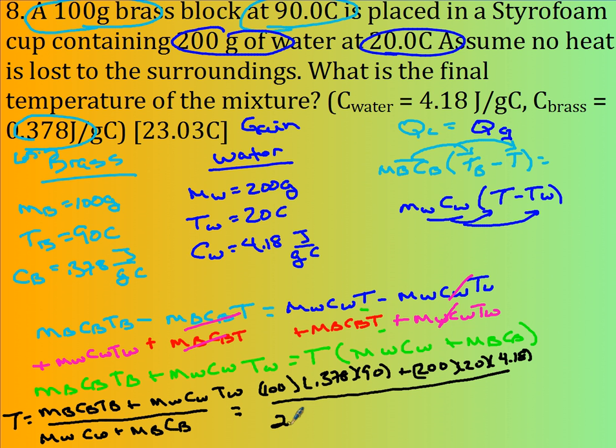This is 200 times 4.18. I need parentheses there. Plus mass of brass, which is 100, times C of brass, which is 0.378.